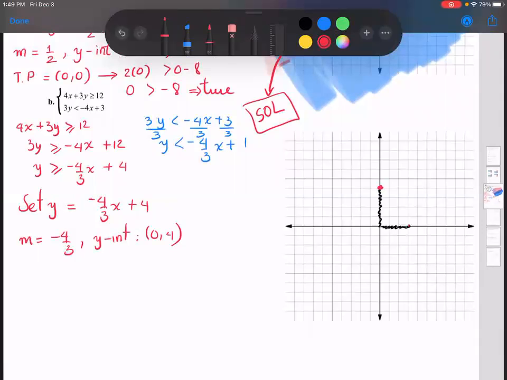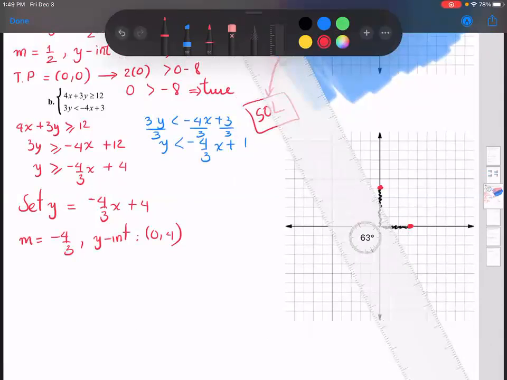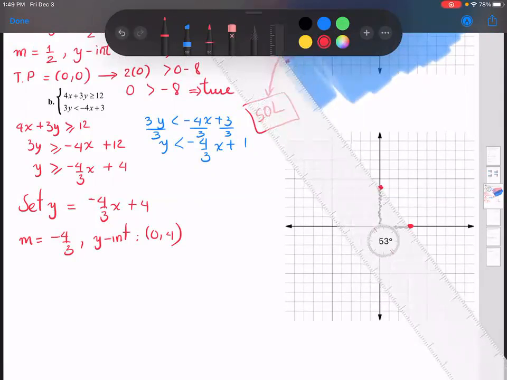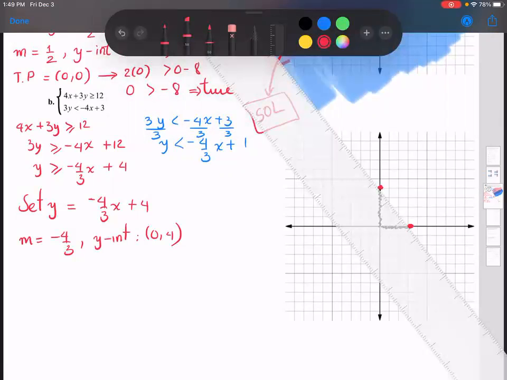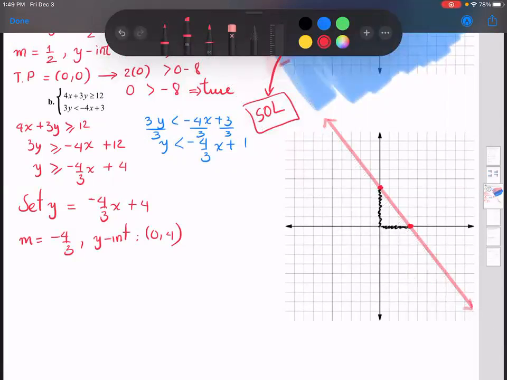Right there. And then connect the two dots. Dotted, dashed, or solid? Solid, right? Because of the equality. Right, not bad. I'll wait for you to copy that down.